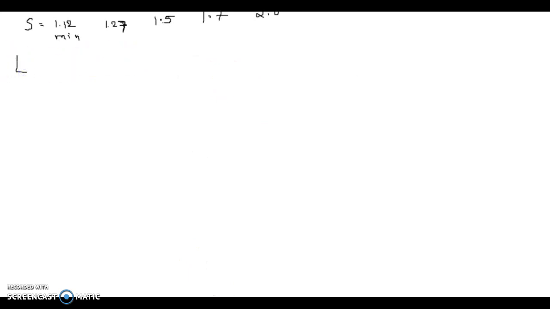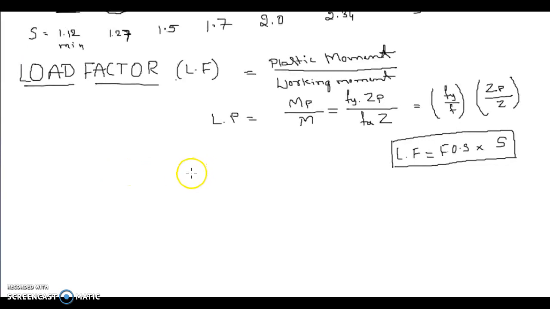I just paused the video and wrote it down to save time. Yeah, so load factor is defined as the plastic moment to the working moment. Okay, so how do I get it? Here the load factor is equal to Mp by M. What is Mp? We know it is Fy into Zp, that's the yield stress into the plastic section modulus.